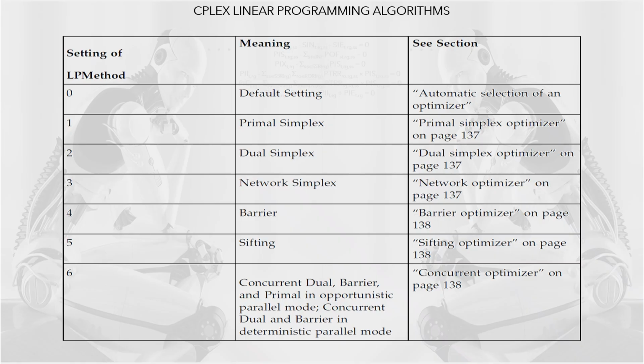The table shows the algorithms available in IBM CPLEX for linear programming. The primal simplex, dual simplex and network simplex algorithms can be used in the re-optimization process. Interior point algorithms such as barrier, sifting, and concurrent barrier cannot be used in re-optimization.